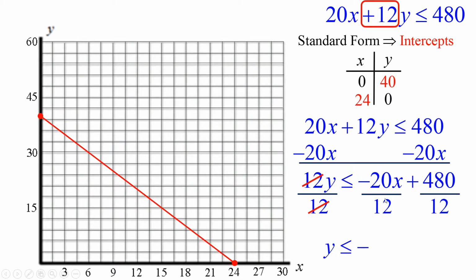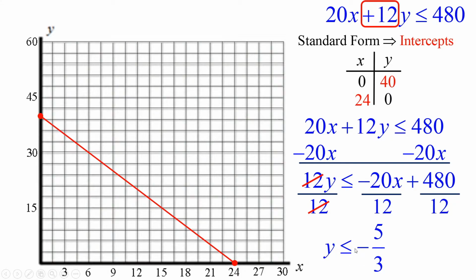And now we need to reduce the fraction 20 over 12. Well, what number goes into 20 and 12? 5. Doesn't 5 go into 20 4 times? Excuse me, I said that backwards. 4 is the common number that goes into both of those, and 4 goes into 20 5 times, and 4 goes into 12 3 times.